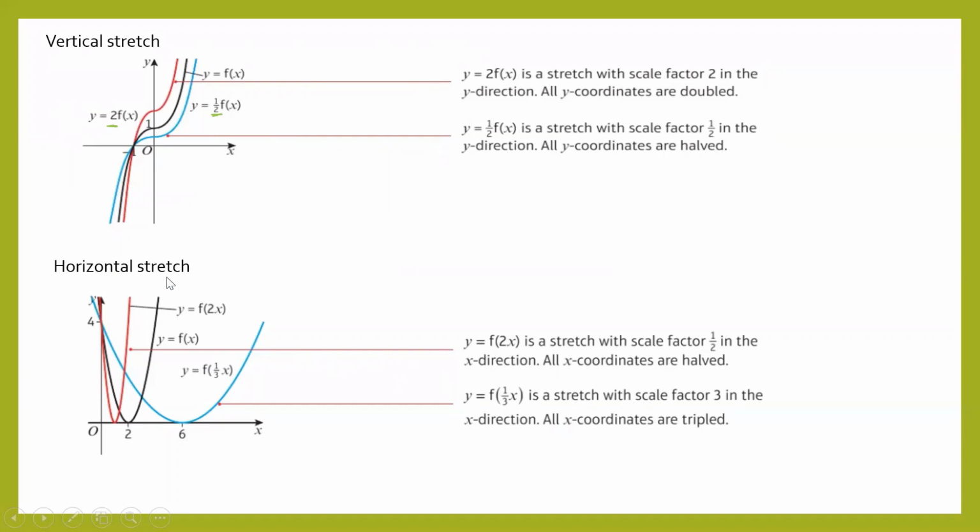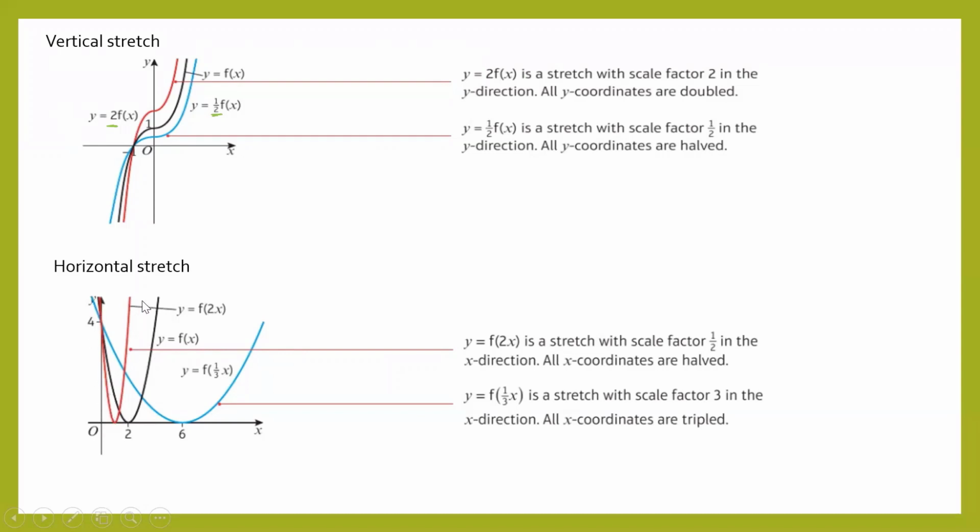Regarding the horizontal stretch, the number is multiplied by the x inside the brackets, like here 2 and here 1/3. This is a horizontal stretch. We divide all x coordinates by 2 in this case, and here all x coordinates are divided by a third. If the original one is the black graph, a horizontal stretch with 2x, because this is an integer, will look like this.